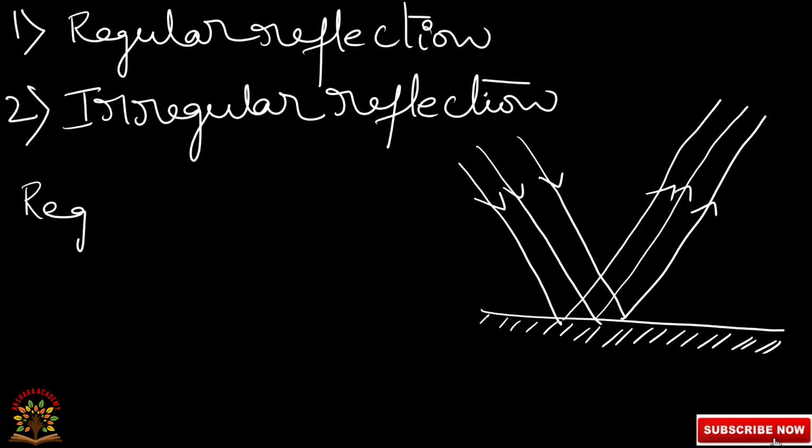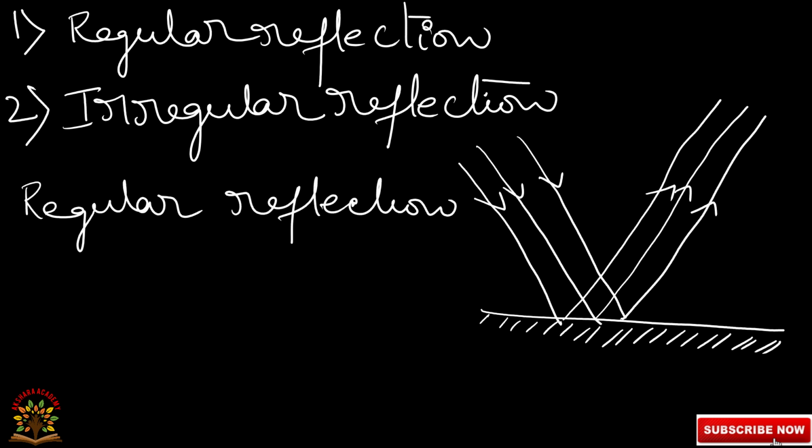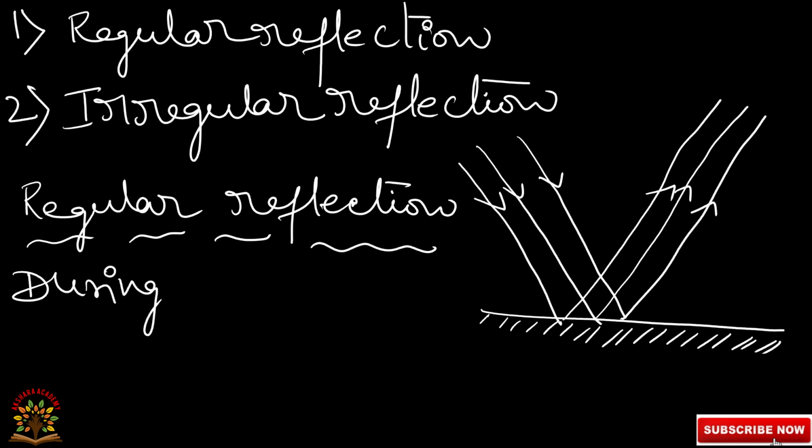Here we'll write the definition for regular reflection. During regular reflection, all the incident rays are parallel after reflection. This regular reflection occurs on a plain smooth surface.